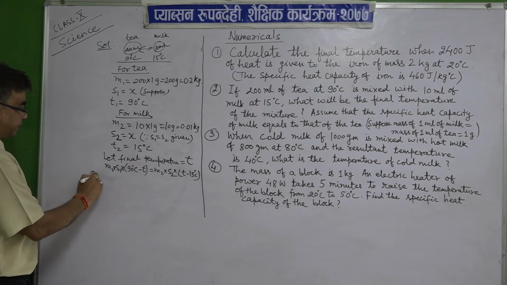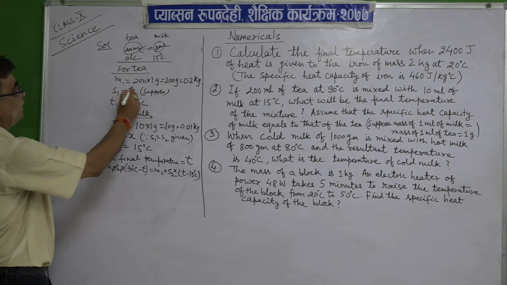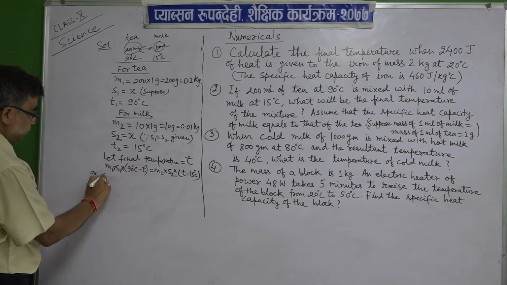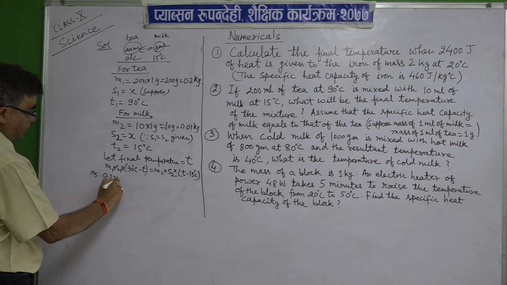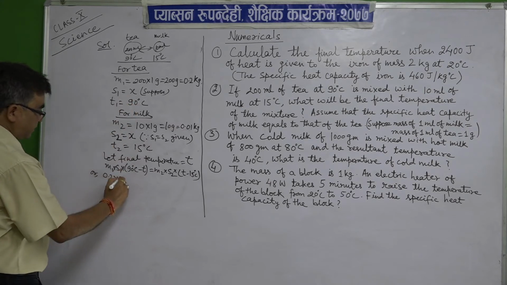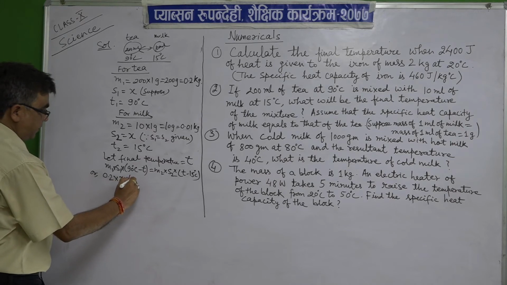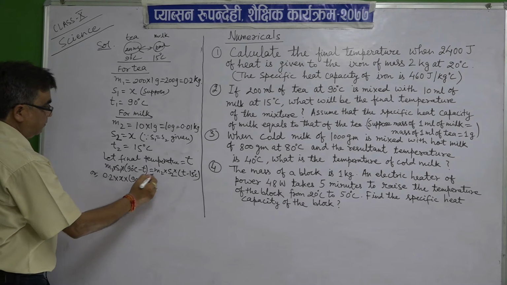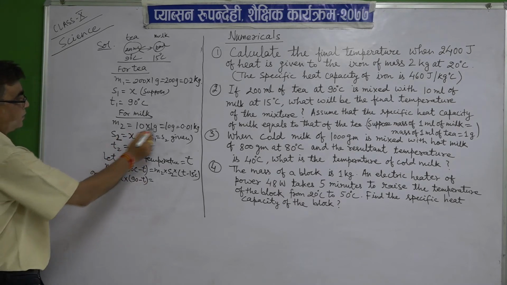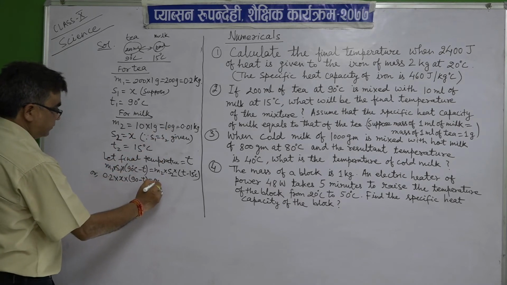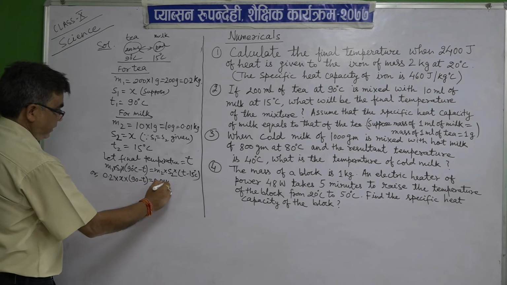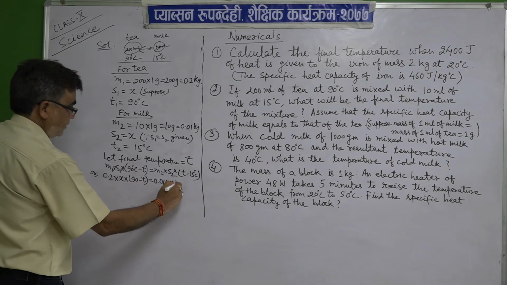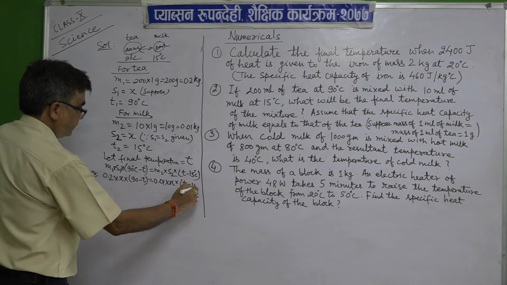Or if we put the values, M1 is 0.2, S1 is X, this is 90 minus T, M2 is 0.01, S2 is X, and this is T minus 15.